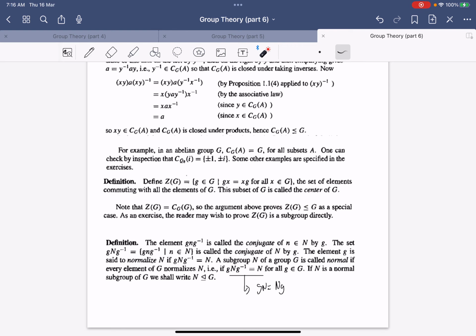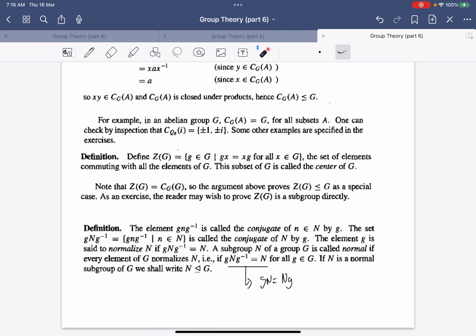Then we define what is known as a conjugate by g as the element g n g inverse.